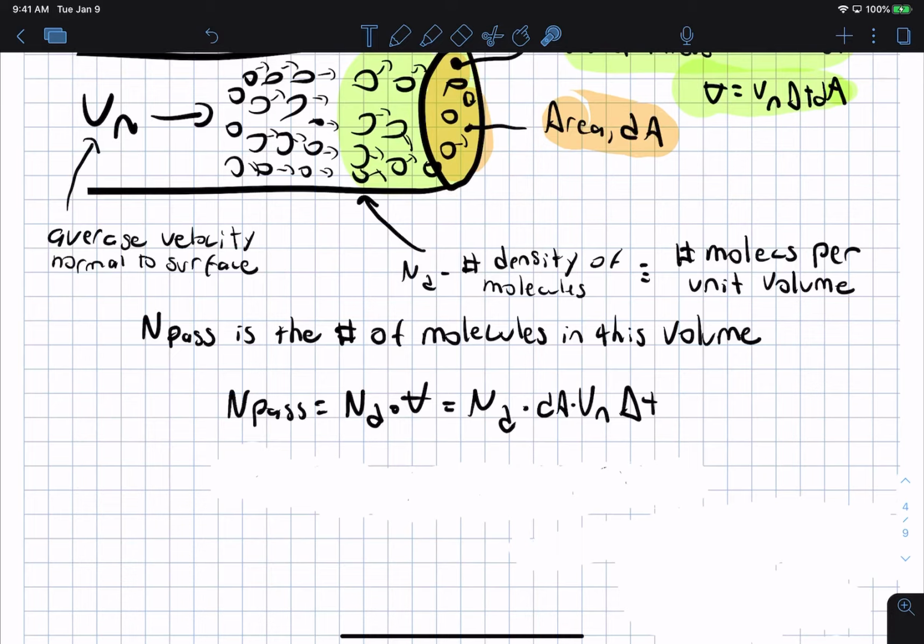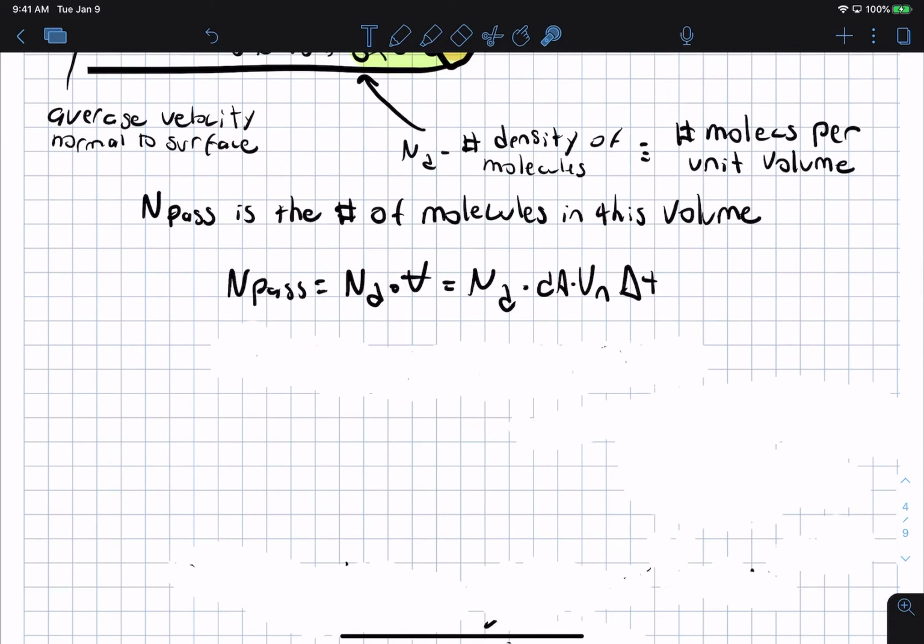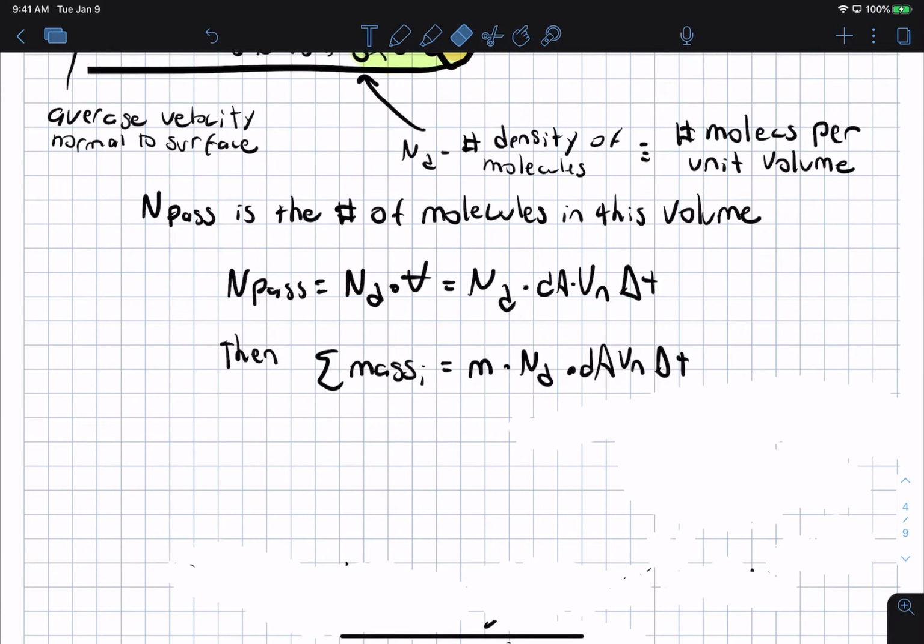Okay, so now we know n pass. So now we can take that and stuff that back into the mass of all the molecules that are passing through the surface in time delta t. Okay, so this is just the mass of all the molecules passing through the surface in time delta t. So that's just the mass of each molecule times the number density times dA times Vn delta t. And so this parameter here is just n pass.